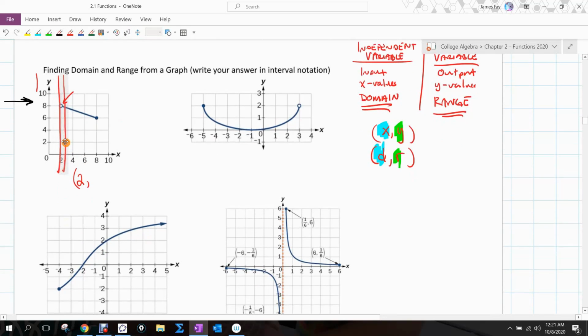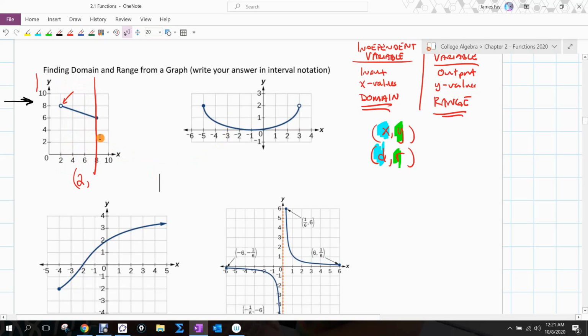Then I'm going to start scrolling this line through, and it's intersecting all these. I don't want to write down that 2 is an x value, and then 2.1 is an x value, and 2.01, and 2.5 and 3. I want to write the first one down, and then find the last one. Where is the last x value? It's at 8.